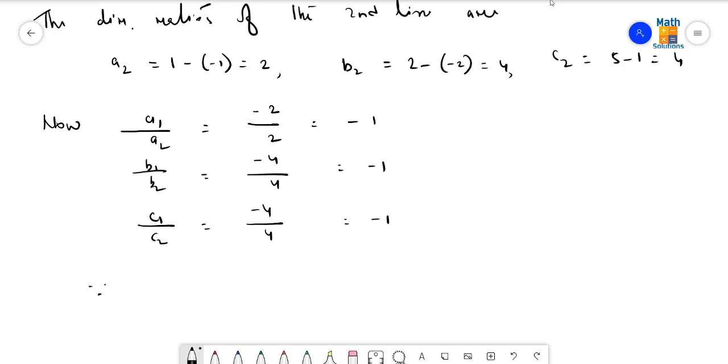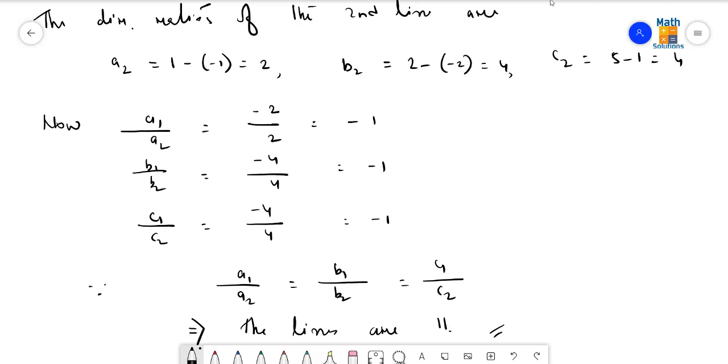So we can write here, since A1 by A2 is equal to B1 by B2 is equal to C1 by C2, this will imply that the lines are parallel. So this is the answer of the third question.